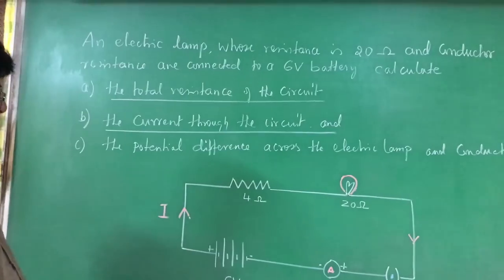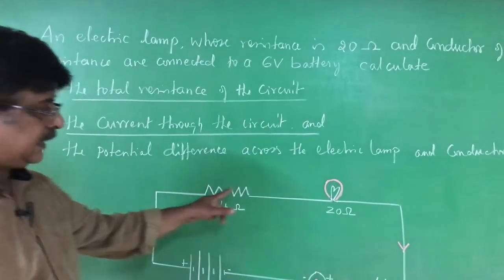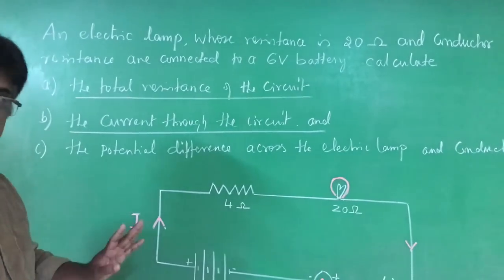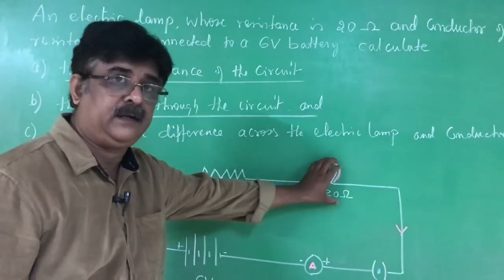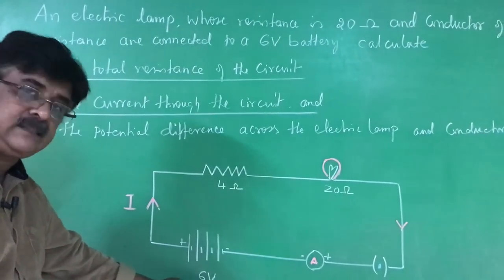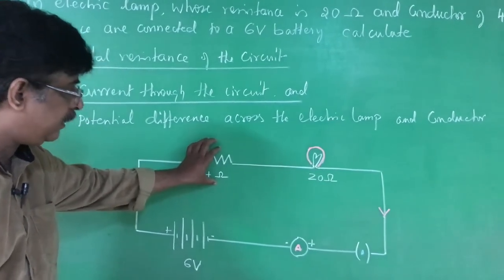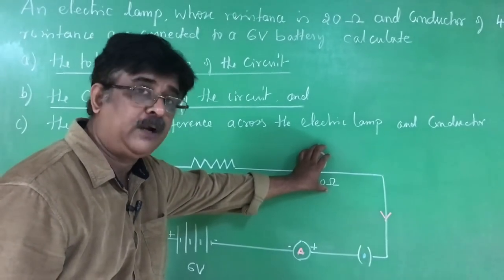Now he is asking, see, when resistors are connected in series, I is constant, but the voltage of each resistor is different. The total potential difference is 6 volt. But how much voltage goes to this particular resistor, that we have to calculate.